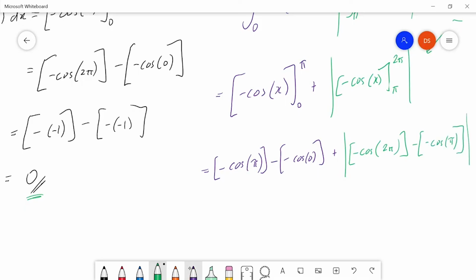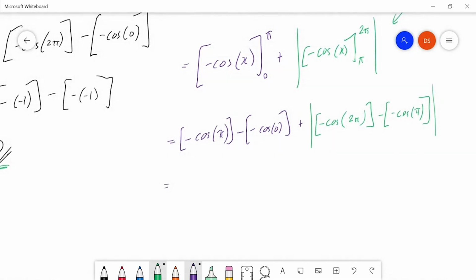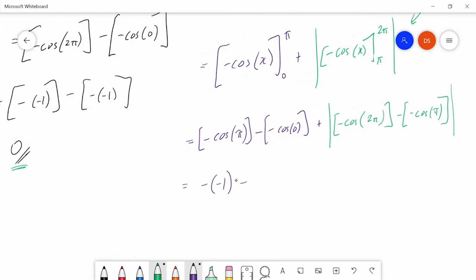Let's work these out individually. I would encourage you to remember these ones, but cosine of pi is negative 1, so this is negative 1 minus, what is cosine of 0? Cosine of 0 is 1, so negative 1, because there's a negative there.